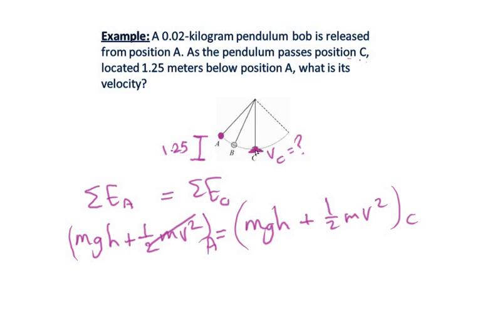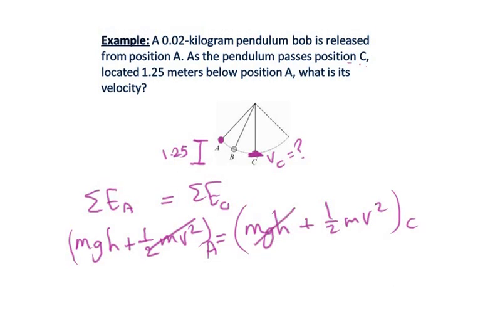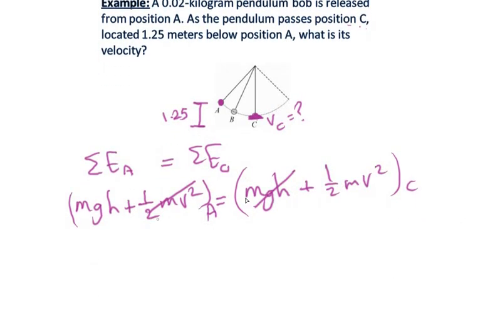At point C, because it's the lowest point, the height is 0. So mgh is all 0. Always when you write the total mechanical energy for the maximum and the minimum points, one term will be cancelled for each. This makes the question easier actually. mgh is equal to half mv squared at point C. m and m could be cancelled out.